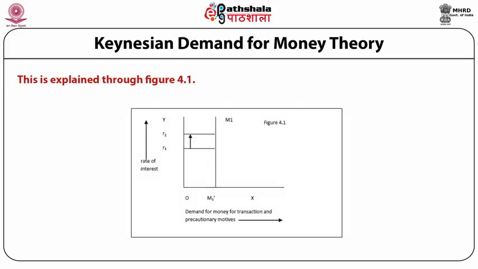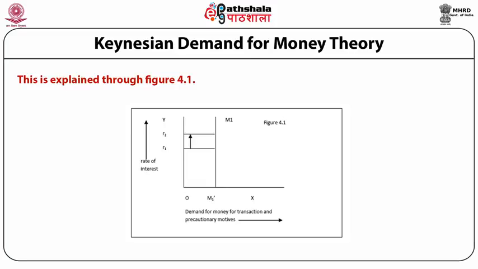This is explained through figure 4.1. In the diagram, on the OX-axis, we are measuring demand for money for transaction and precautionary purpose, and on the OY-axis, we are measuring the rate of interest. M1 curve is the demand for money for transaction and precautionary motives.